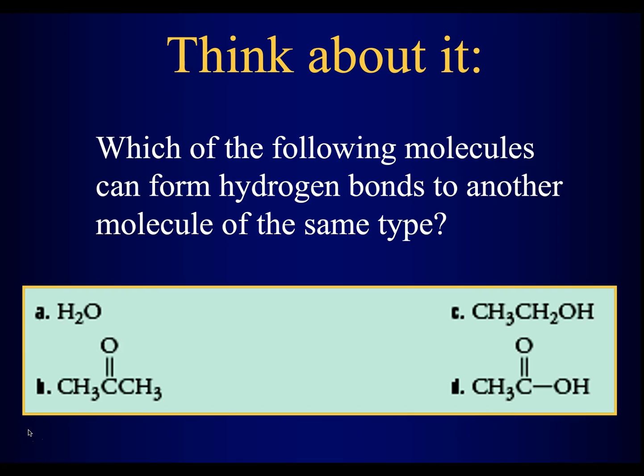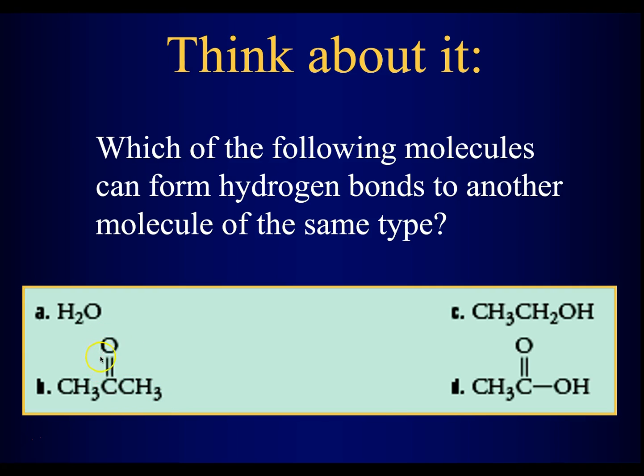Alright, the molecules that we're looking for are ones that have an O and an H. Water has an OH attached to each other, so yes, water will form hydrogen bonds. For our ethanol, I have an OH attached to the carbon, so yes, it'll form hydrogen bonds. For this carboxylic acid, I have an OH here, so yes, it can form hydrogen bonds. Notice I didn't say anything about this oxygen.